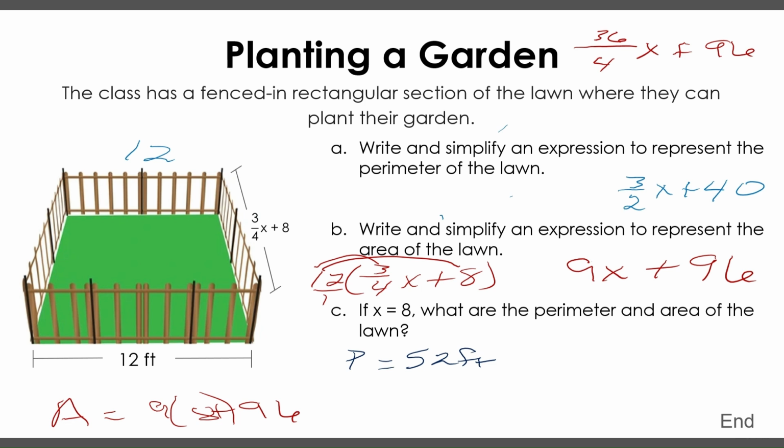So 9 times 8 is 72 plus 96, and that's going to equal 168. So there's 168 feet. We know the area is squared. So the area is 168 feet, and the perimeter is 50.